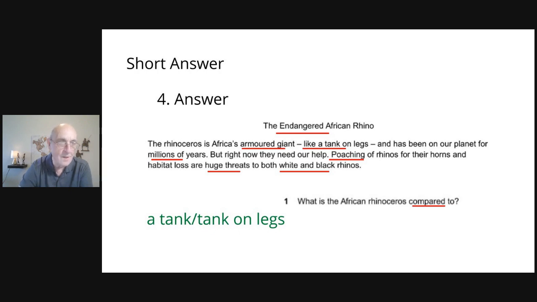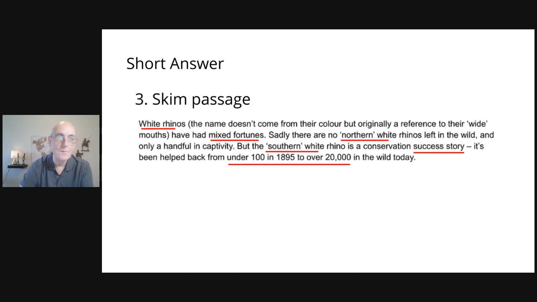Let's go to the next question. So we're at another part of the passage, and this time it's talking about white rhinos. So we always want to identify the types of rhinos we're talking about. We have another adjective noun combination, mixed fortunes.